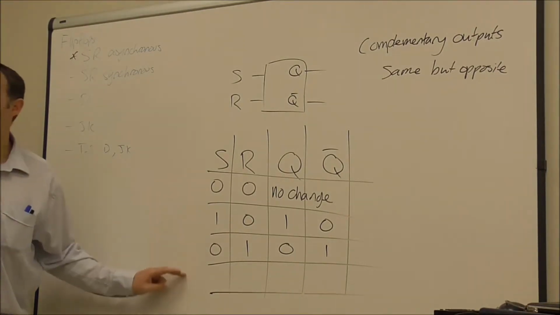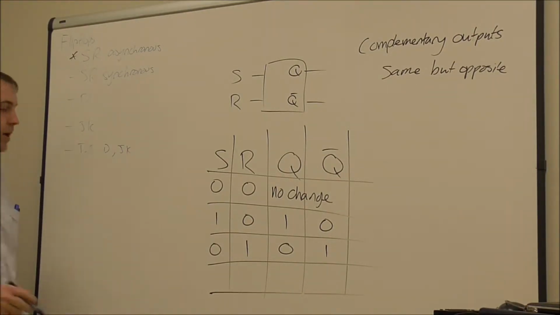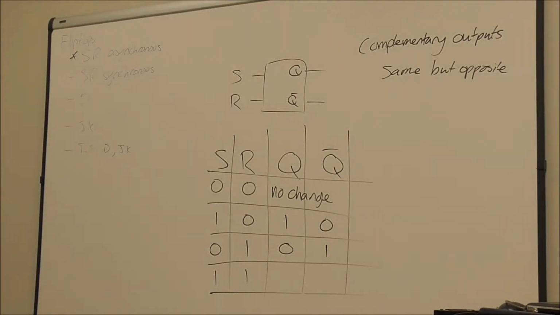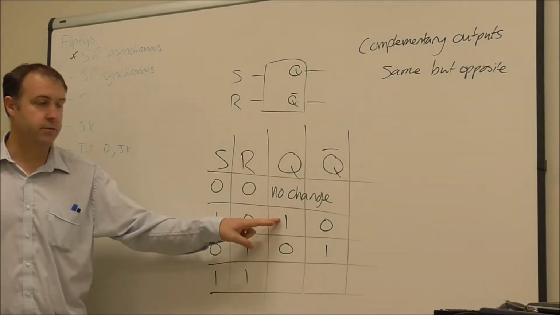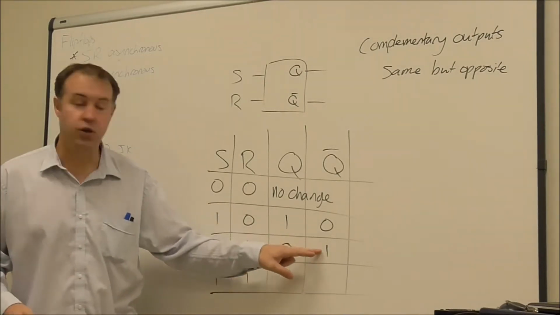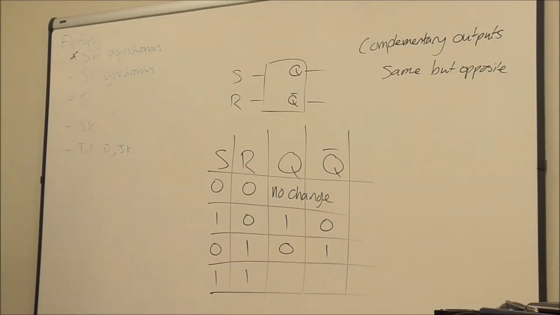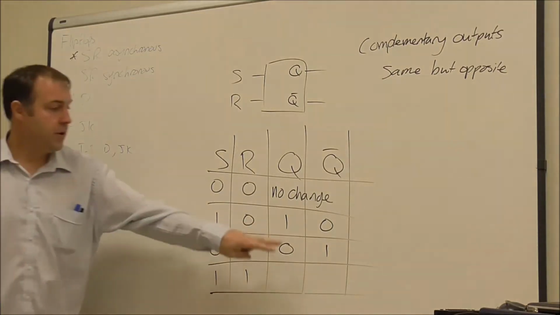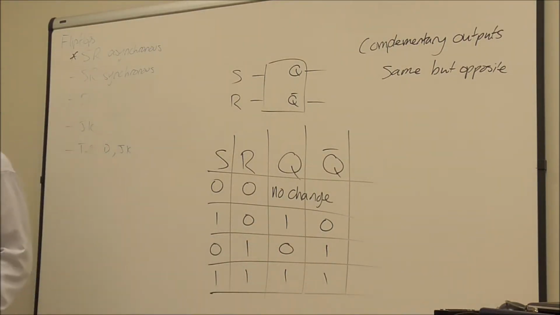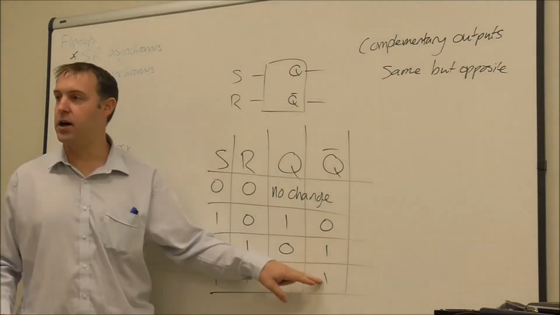Now there is one final possible input state, where both set and reset are high. What's going to happen here is the set pin is trying to set Q high, and the reset pin is trying to set Q bar high, effectively. So it would try to set both of them to 1, but that can't be, because while one is high, the other cannot be high.